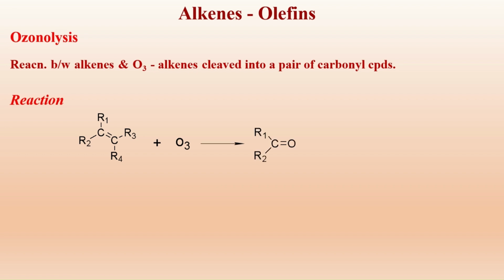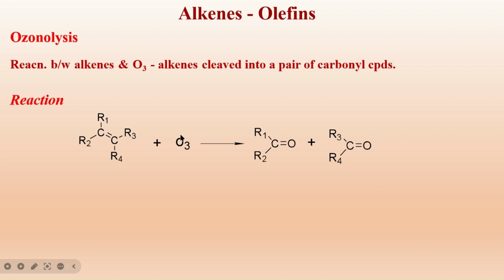It gives rise to carbonyl compounds that may be an aldehyde or a ketone depending upon the R groups present on it. If it is hydrogen, then it gives an aldehyde. If both are alkyl, then it gives a ketone.